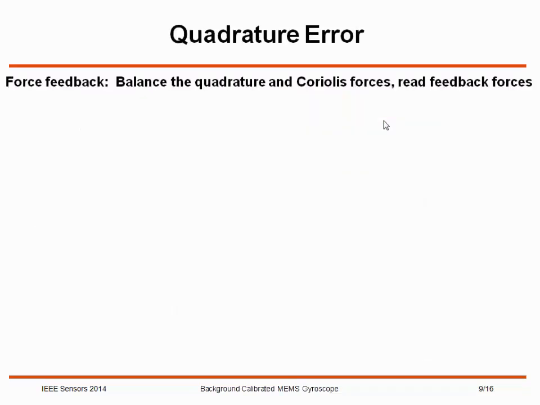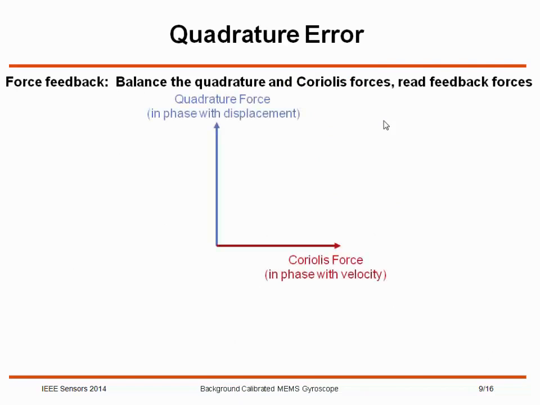So let's talk about quadrature error first. We are using a force feedback gyroscope because it has better linearity and better range. In the force feedback gyroscope, we are trying to rebalance the forces in the sense channel to ensure that there is no motion in the sense channel. We know that there are two forces. The first one is the Coriolis force, the other one is the quadrature force.